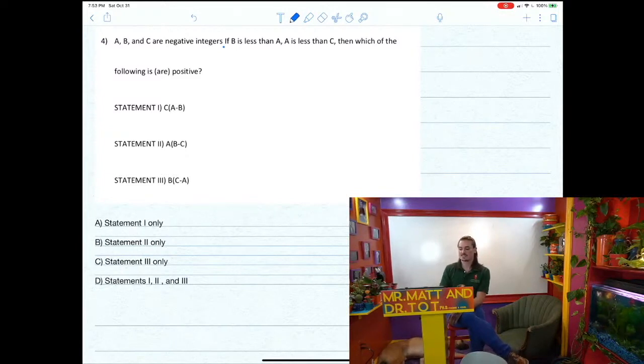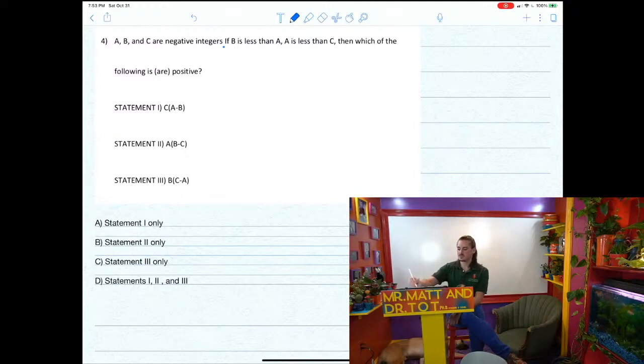Statement 1 says C times the quantity A minus B. Statement 2 says A times the quantity B minus C. Statement 3 says B times the quantity C minus A. And answer selections A, B, and C are statement 1, statement 2, and statement 3, respectively. And answer selection D is statements 1, 2, and 3.